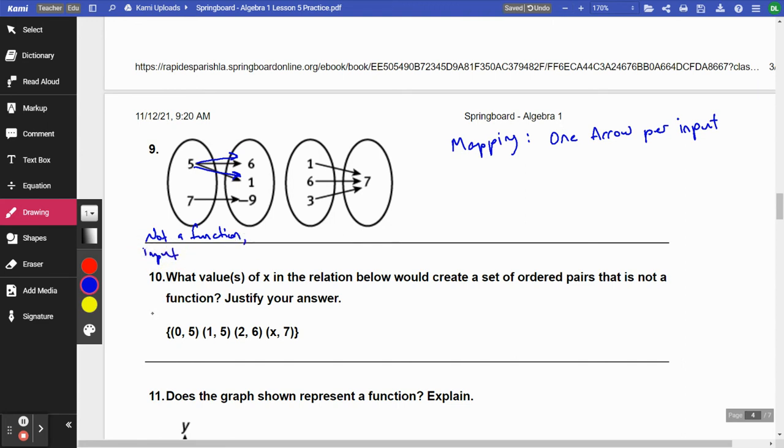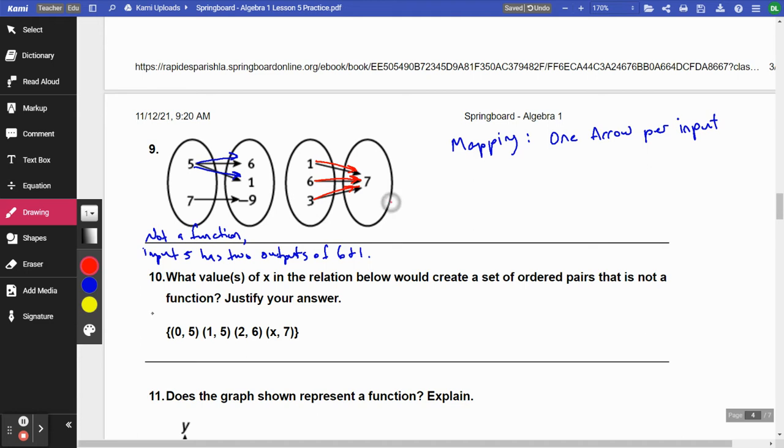Input 5 has two outputs of 6 and 1, right? And so I'm going to use a different color. For this one, even though each goes to the same output, each input still just has one arrow.